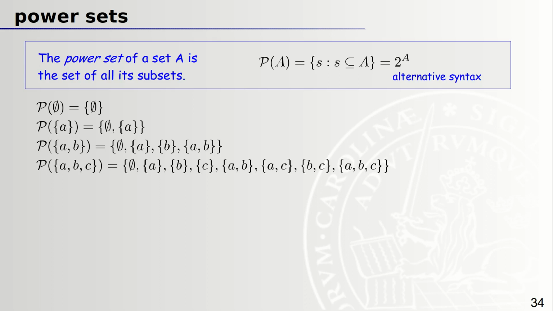The power set of a singleton set, containing A in this case, is the set of the empty set and the singleton set itself. The power set of a two-element set, A B, contains the empty set, the set itself, and also the two singleton subsets of it, and so forth.